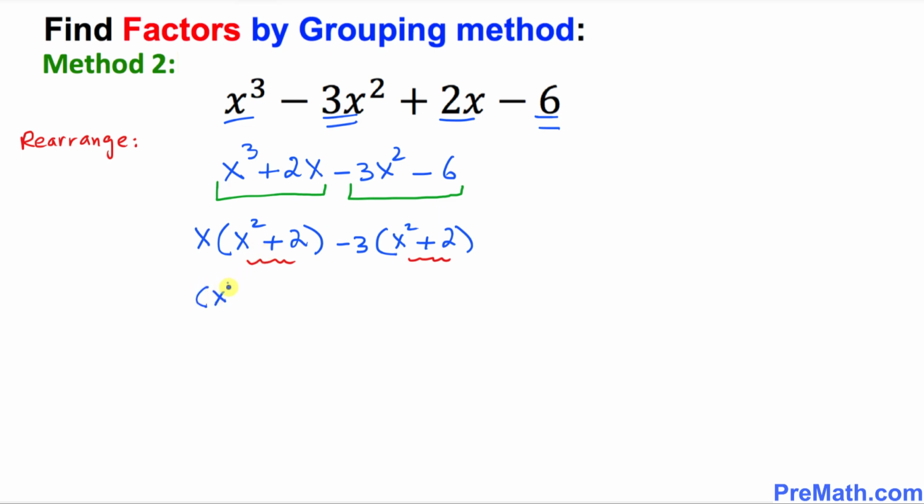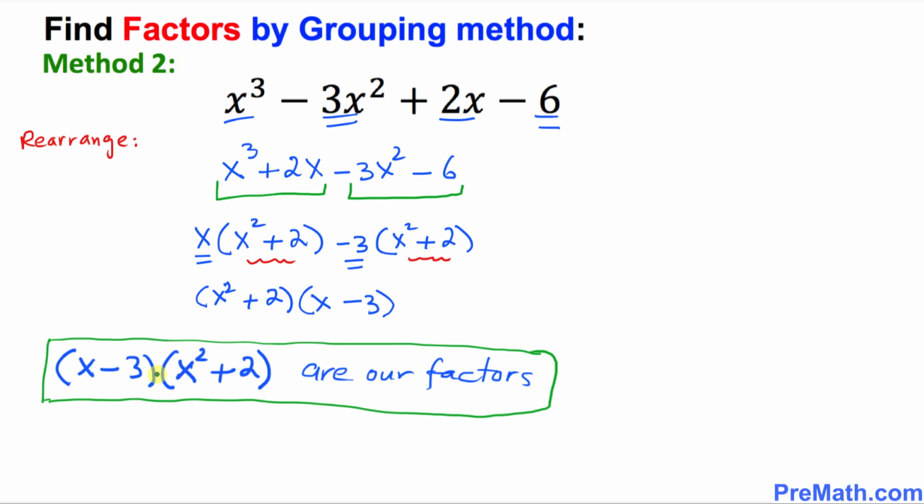I'm going to put down x squared plus 2 times, and in another parentheses, x minus 3. So these are our factors. Thus our factors are x minus 3 times x squared plus 2.